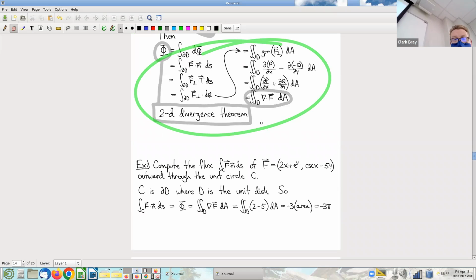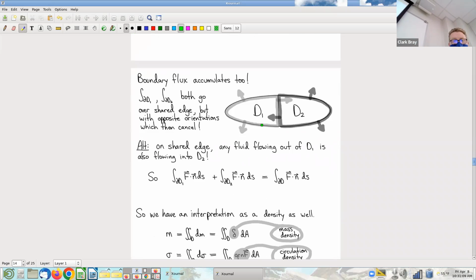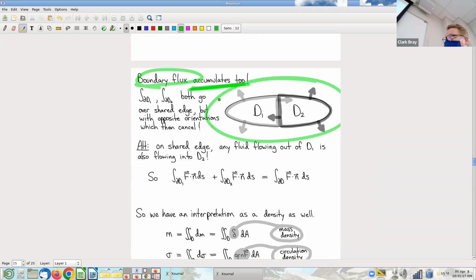And that's nice and all. But here's the thing. You can also just think of boundary flux itself as an accumulating quantity. And here's that picture that we drew, right? The boundary flux of the whole, the boundary flux of the parts, they add up just like they're supposed to. So boundary flux, this is the alternative version of Green's theorem.